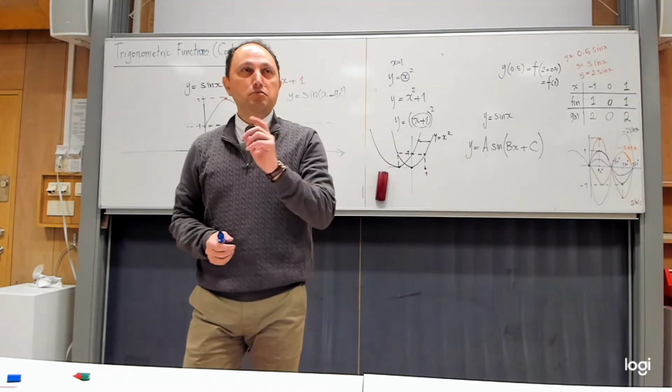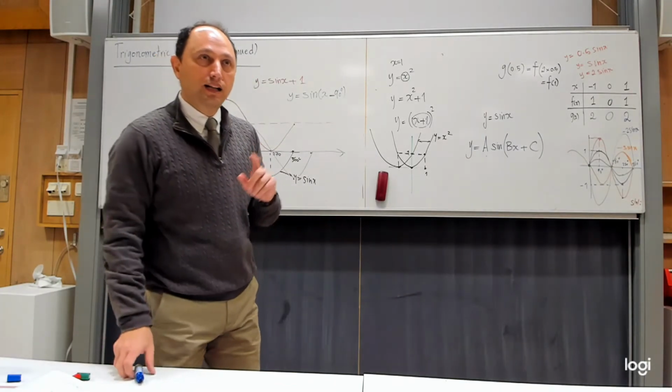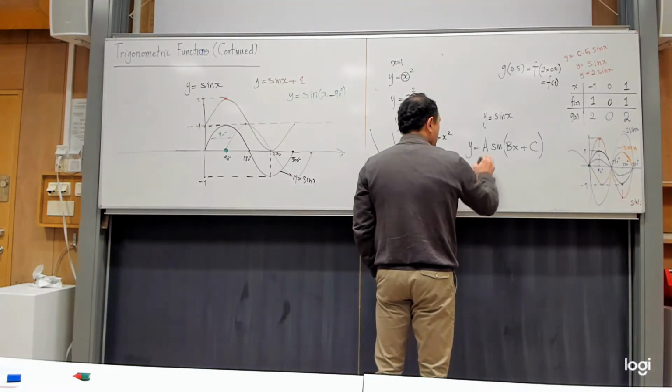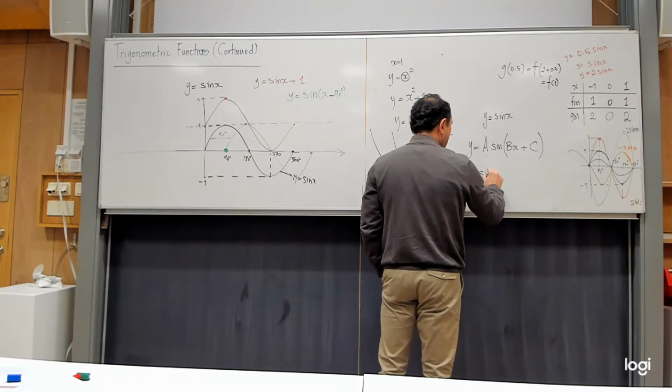Yes? But let me ask you something which is actually a matter of confusion most of the time. Okay? Let me just concentrate on these two numbers. What do you think will happen here?